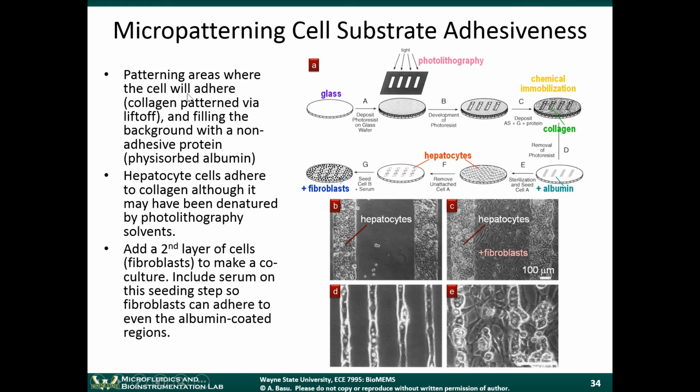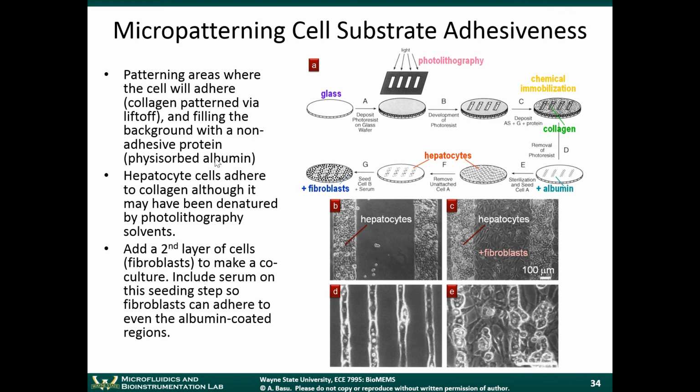Collagen is a material that has properties similar to the extracellular matrix. So cells like to stick to collagen, just like they like to stick to fibronectin. Certain proteins you can use to get cells to stick on there. By contrast, BSA, which we just talked about, is something that prevents cells from attaching. So this example uses both.